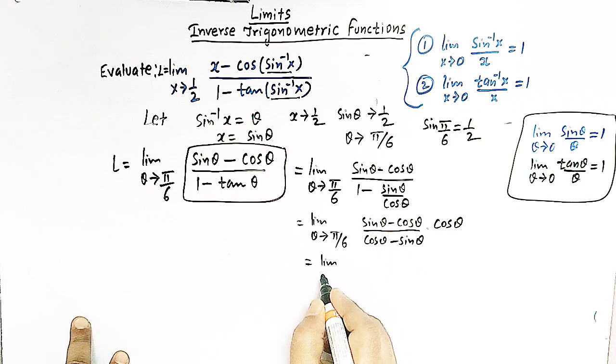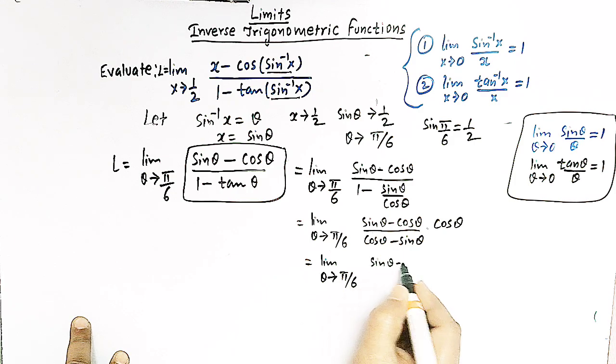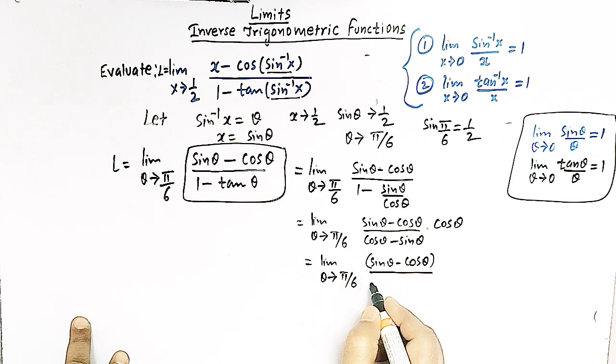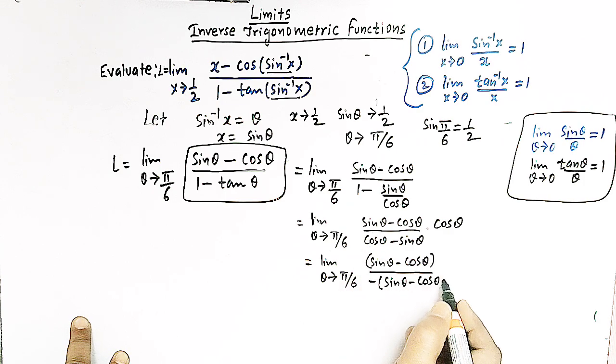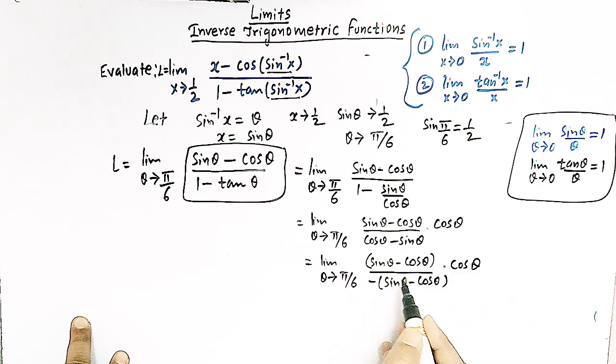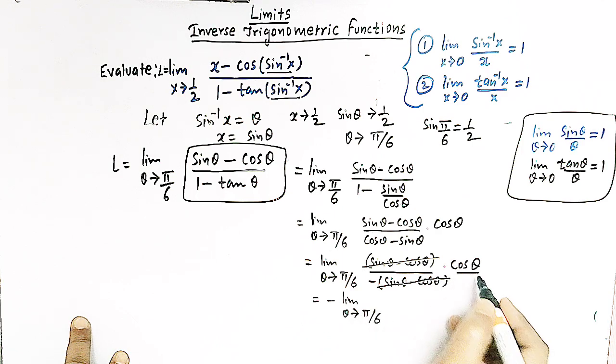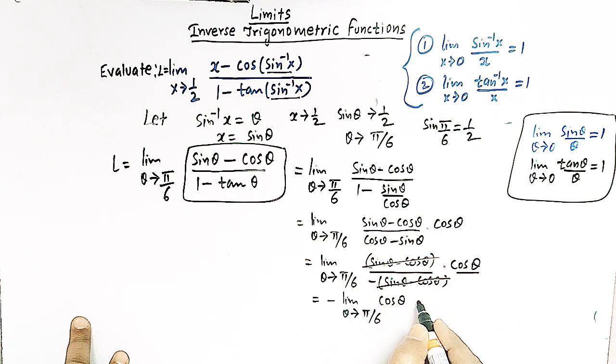We have limit theta tends to pi by 6. We have sine theta minus cos theta, and here we have minus sine theta minus cos theta, and here we have cosine theta. So now these two terms are same, so these two terms get cancelled, and we have here the negative sign. Limit theta tends to pi by 6, and here we have cosine theta.